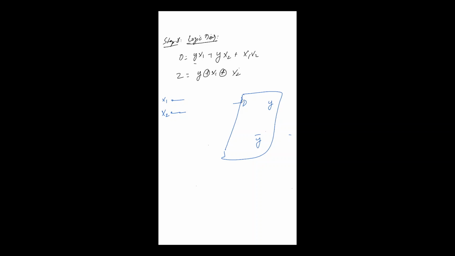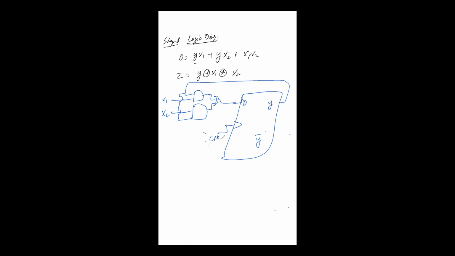What is going in the D is x1 with y bar, x2 with y again. How you can show it is like this, and then they are going to an OR gate, and after the OR gate it is going here to give it a clock pulse.